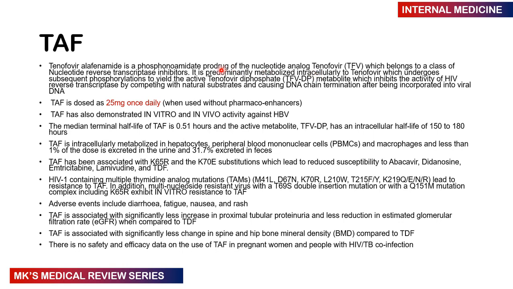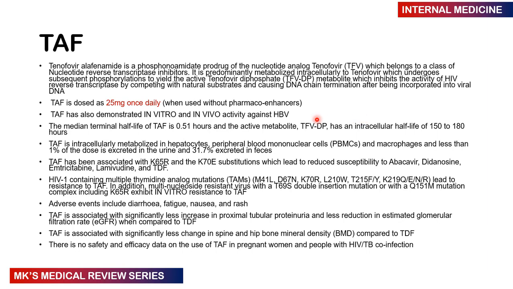Now, remember that the dose of Tenofovir Alafenamide is 25 milligrams once a day when it's used without any pharmacoenhancers. And remember that Tenofovir Alafenamide has demonstrated both in vitro and in vivo activity against hepatitis B, so it does also work against hepatitis B. The median terminal half-life of the drug is about 0.51 hours, and the active metabolite, which is your tenofovir diphosphate, has an intracellular half-life of about 150 to about 180 hours.